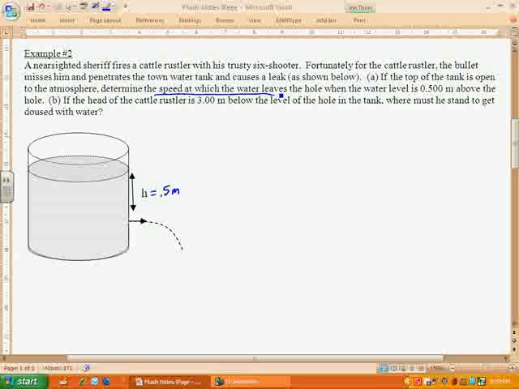So we'll start with Bernoulli's equation, which is P1 plus rho g y plus 1/2 rho v squared. Okay, that's all position 1 is equal to pressure 2 plus rho g y 2 plus 1/2 rho v squared 2.